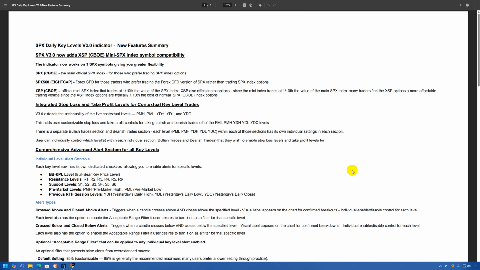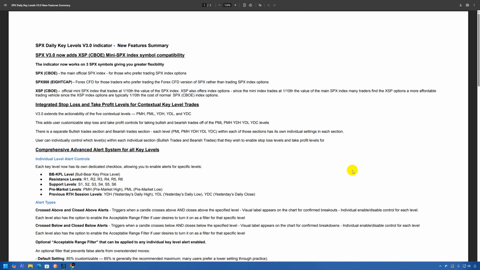Okay, first off, SPX v3.0 now adds XSP CBOE Mini SPX Index symbol compatibility. The previous v2.0 version worked on two SPX symbols: the CBOE SPX, the main official SPX for those who prefer trading SPX index options, and the SPX 500 8-cap symbol, the Forex CFD version of SPX for traders who prefer the Forex CFD.